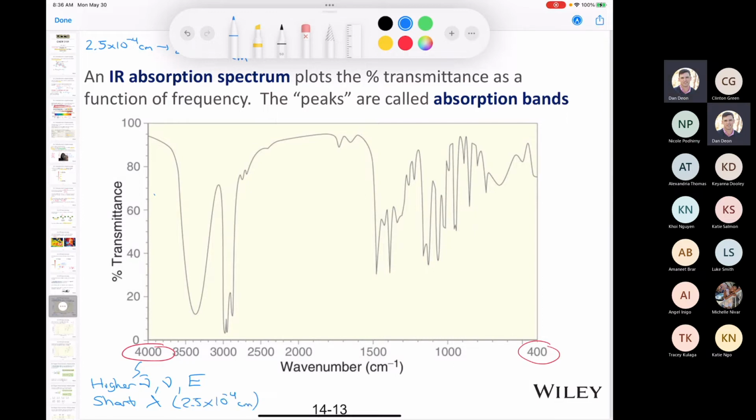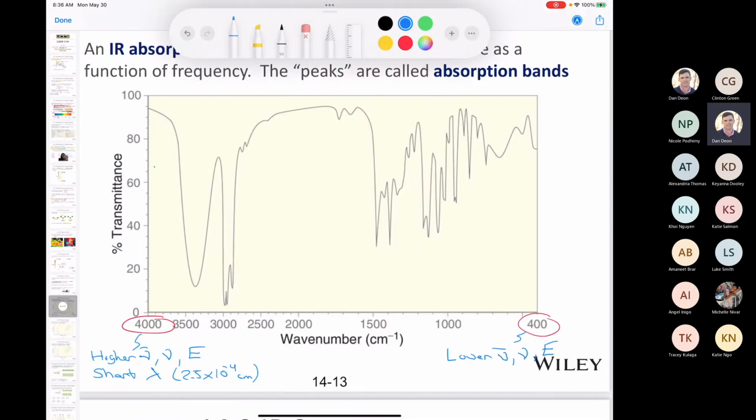When you go to 400 reciprocal centimeters, this is lower wave number, obviously. It's also lower frequency, lower energy, and this is where we have a long wavelength of 25 times 10 to the negative 4 centimeters.